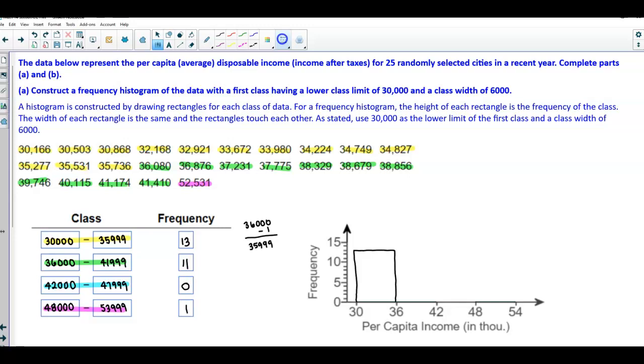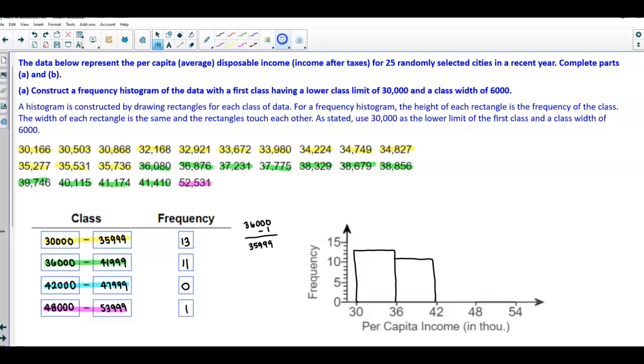The next frequency in class is 11. So from 36,000 to 41,999, again these rectangles touch, the height is going to be 11.